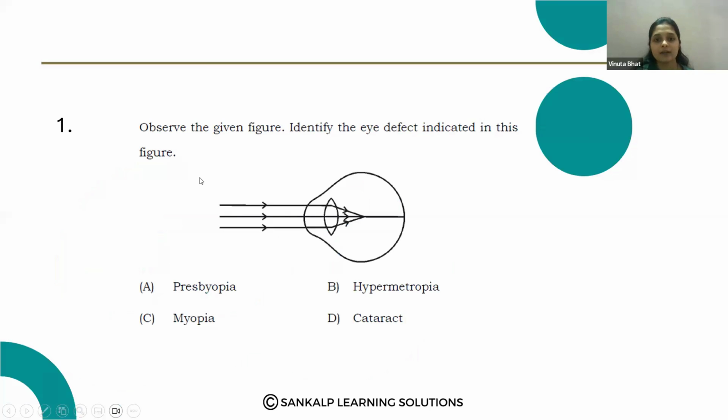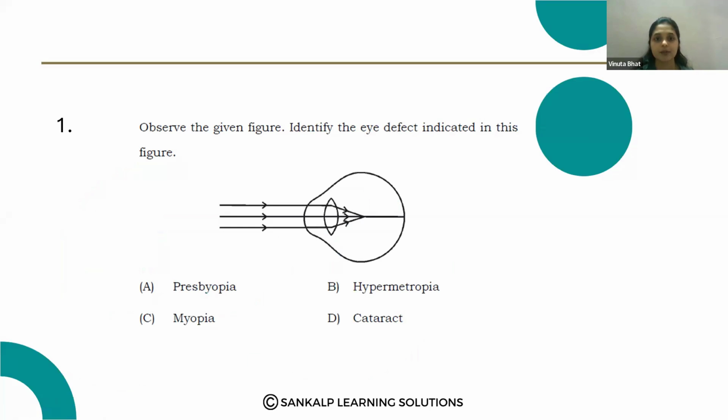Observe the given figure, identify the eye defect indicated in this figure. Option A, presbyopia. Option B, hypermetropia. Option C, myopia. Option D, cataract.